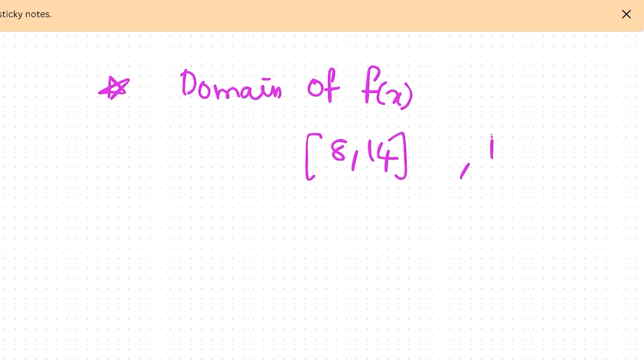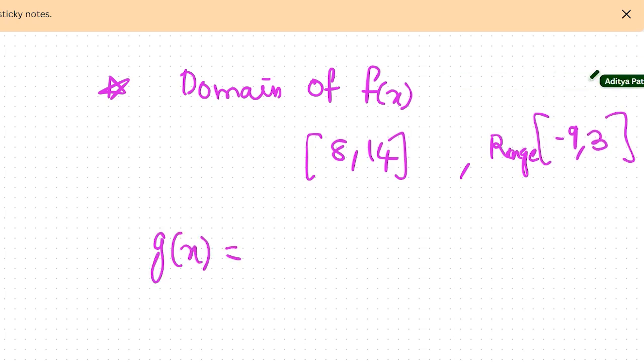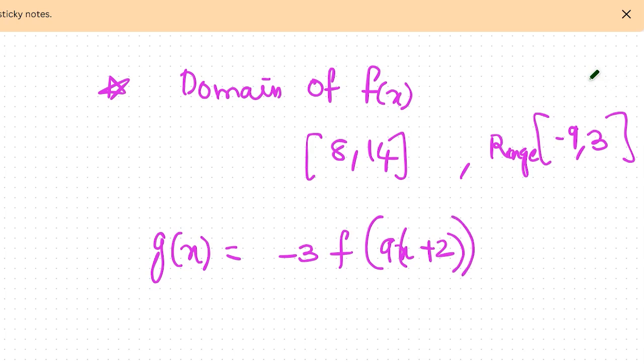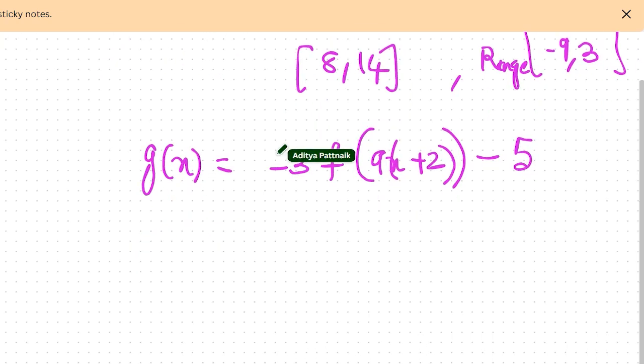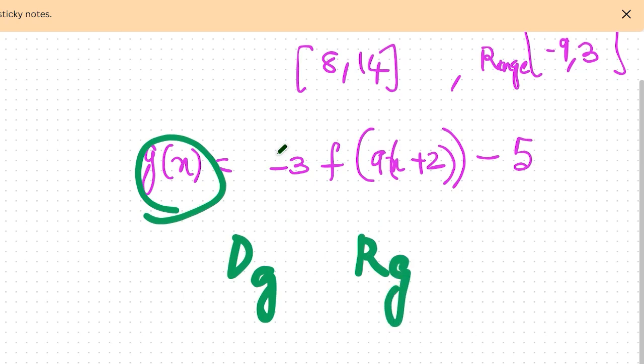Sorry, the range is -9 to 3. g of x is given as -3 times f of 9 times x plus 2, minus pi. What is the domain and range of g of x?